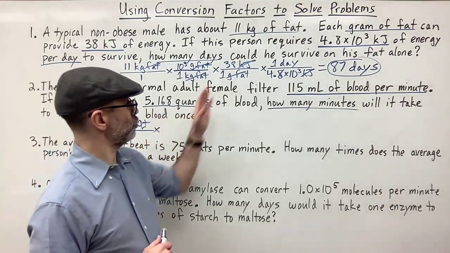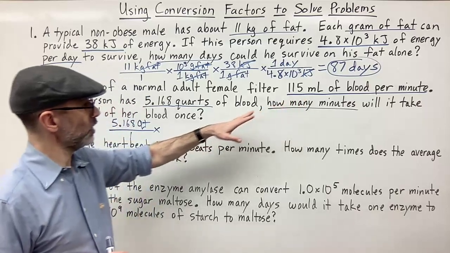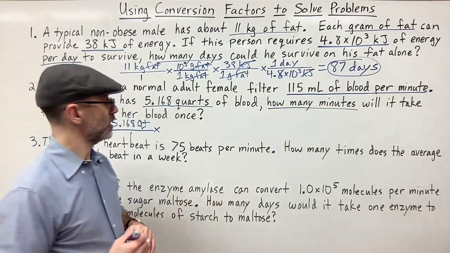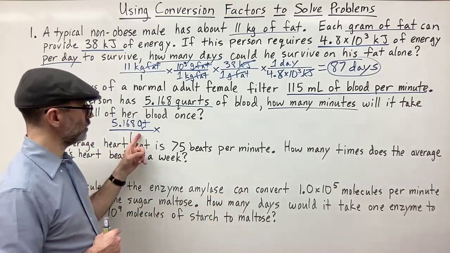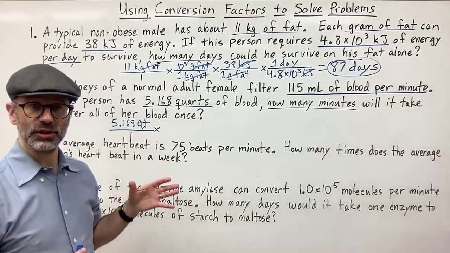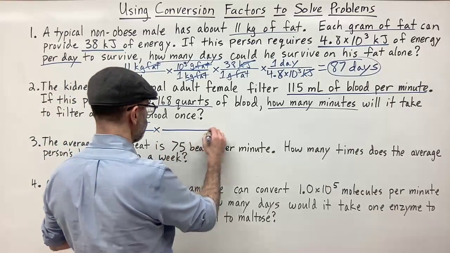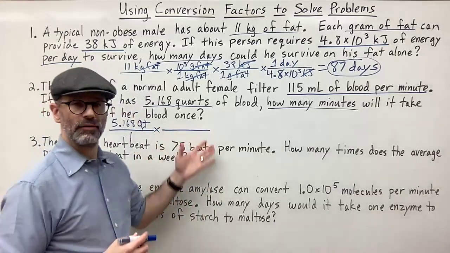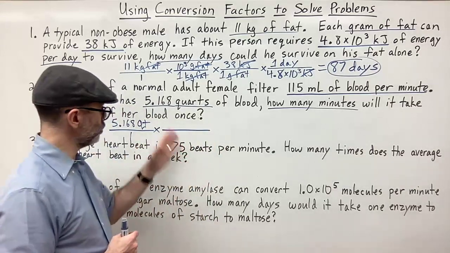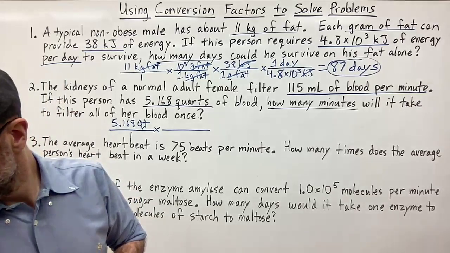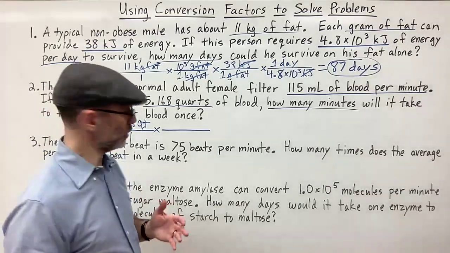And now we need to convert quarts to something. If we could get it to milliliters, then we could use milliliters to convert to minutes. So we need a relationship between quarts and milliliters, or maybe liters. We could go to quarts and gallons, however you do it is up to you. But we're going to use gallons and then liters.